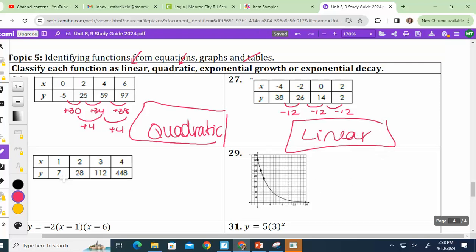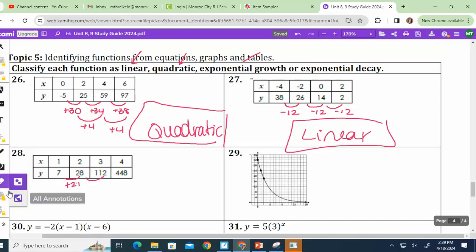Right, this one, we can start off with the adding, subtracting. So we're going to see here we added 21, and then here we're adding way more, right? And this is going up really fast. So does adding seem like the way to go? So then I ask myself, okay, if I am at 7, can I multiply or divide by something to get 28?